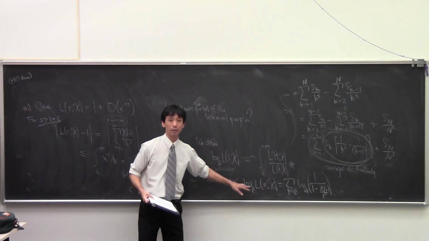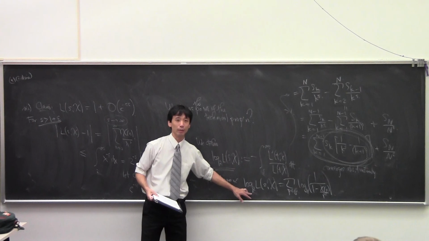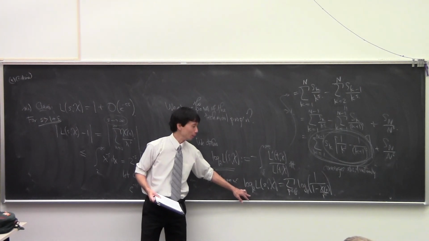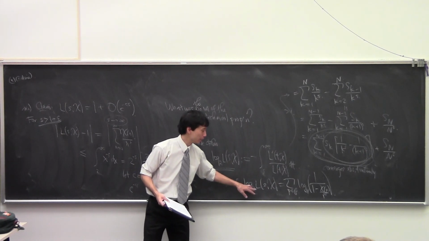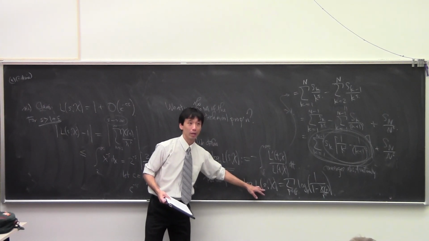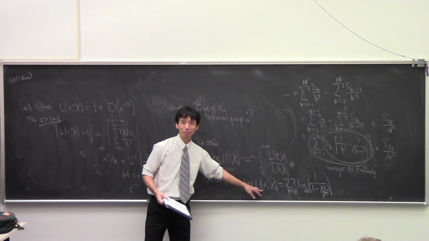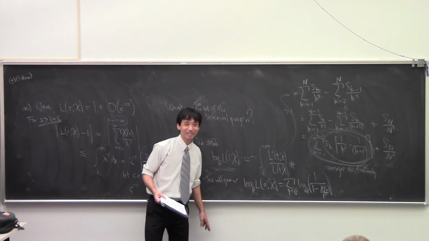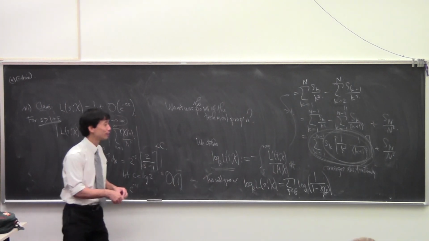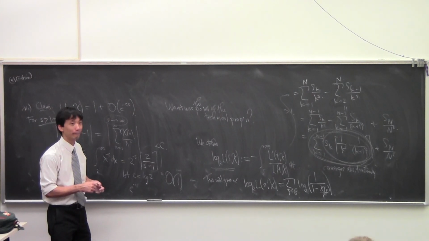This will give us that first step in the reduction that we so desire. And we'll reduce the problem to understanding the log of L(s, chi), or actually understanding L(s, chi), which will be the difficult part.